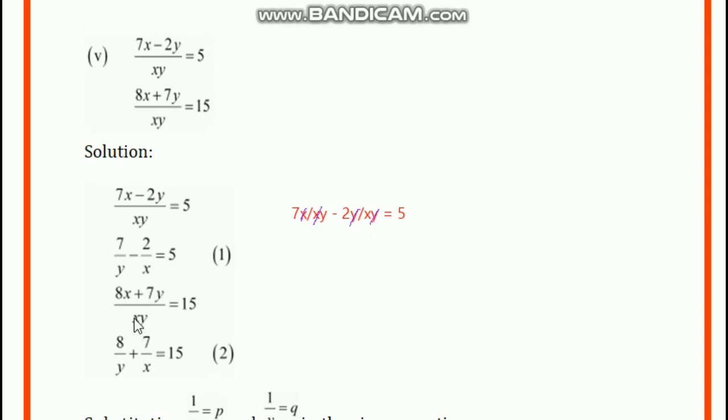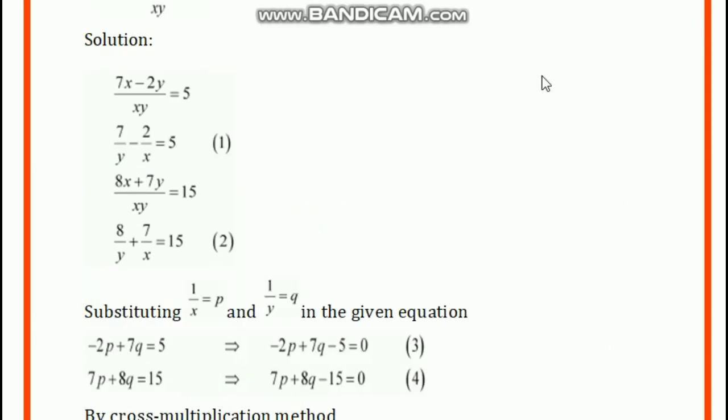So 8x divided by xy: x cancelled, remaining 8 divided by y. 7y divided by xy: y will be cancelled, remaining 7 by x equal to 15. Okay, hereafter you know how to simplify this. Yes. Okay.